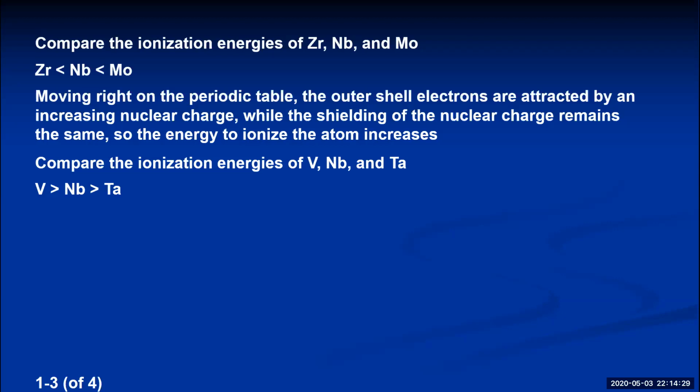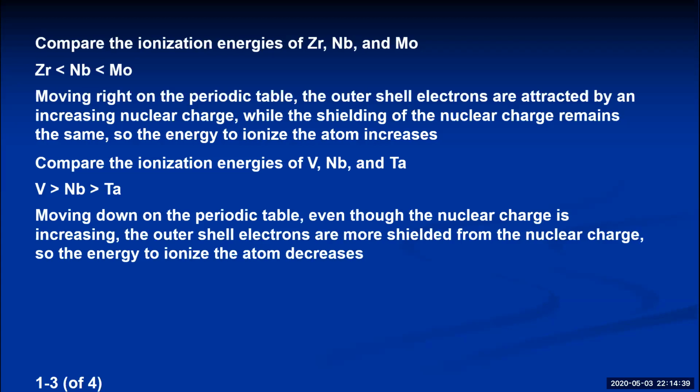It blocks the nucleus so much more from the outer shell electrons that the attraction is smaller, and therefore the electrons are pulled off more easily, which means a lower ionization energy. So moving down on the periodic table, even though the nuclear charge is increasing, the outer shell electrons are more shielded from the nuclear charge, so the energy needed to pull them off or to ionize them decreases.